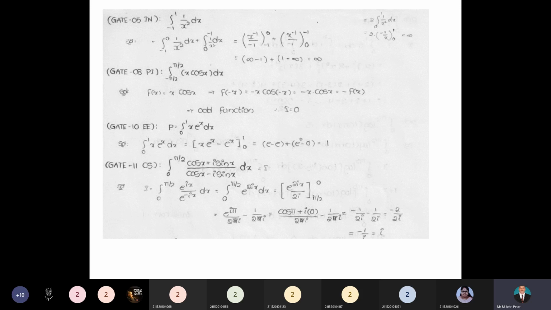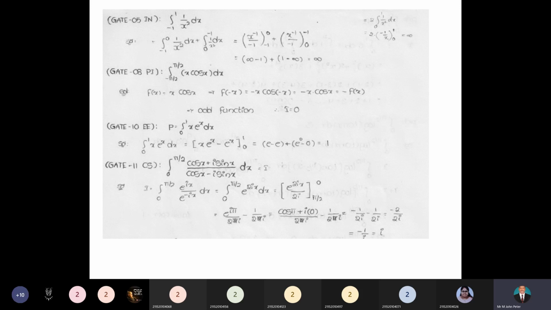That is e power ix equals cos x plus i sin x, and e power minus ix equals cos x minus i sin x. So the general formula is e power iax equals cos ax plus i sin ax.